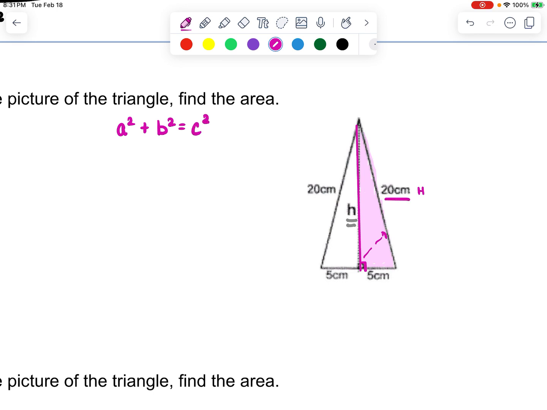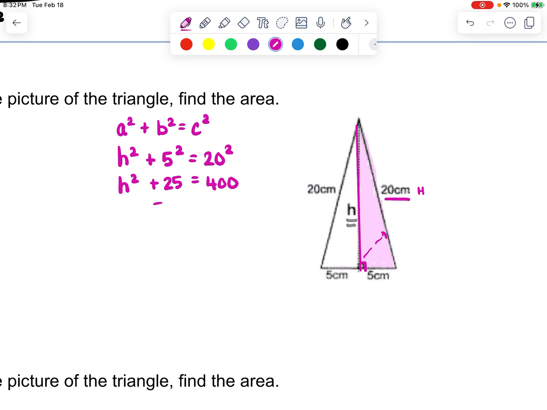So I know that that has to be 20. So I can write h squared plus 5 squared equals 20 squared. So 5 squared is 25. 20 squared, I think, is 400.